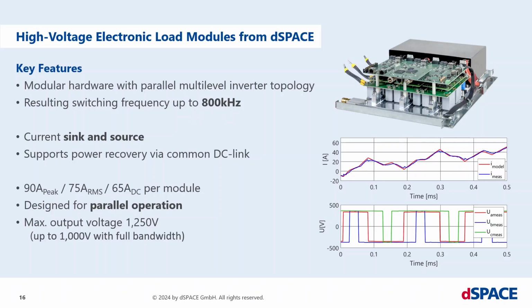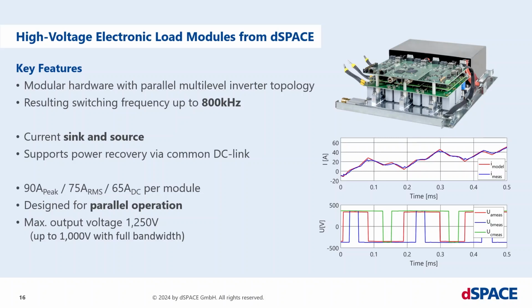These switching frequencies are flexible. The upper limit is these 800 kilohertz, but if there is no necessity to switch that fast, we can also run these modules at lower switching frequencies.